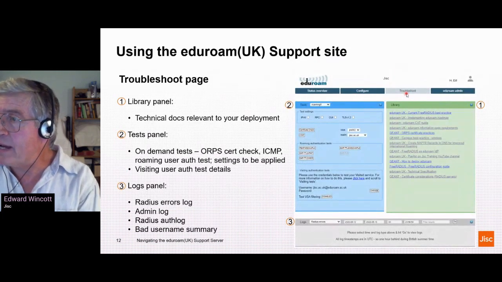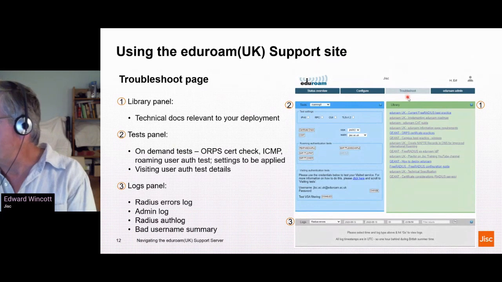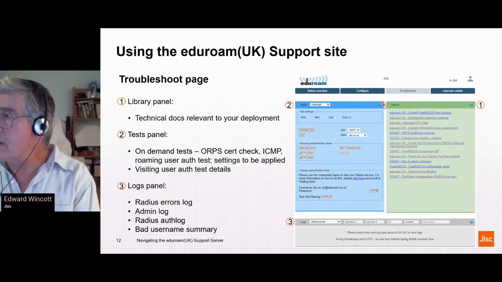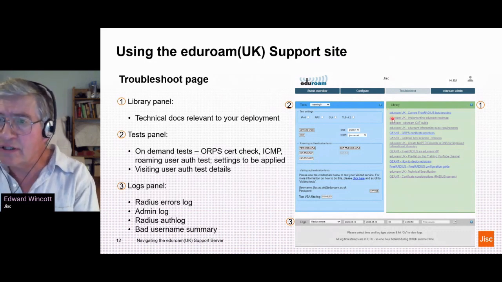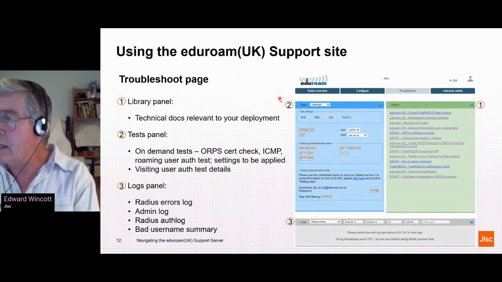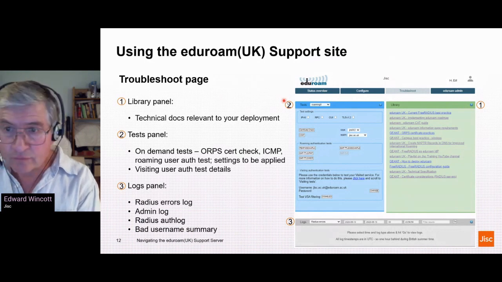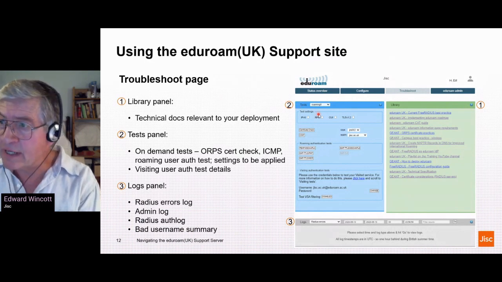On the troubleshoot page, this is where all the tests are. On the right-hand side, we have a library of links to technical documentation which is relevant to your institution. In the blue tests panel, these are the on-demand tests here, so you can run these at any time.